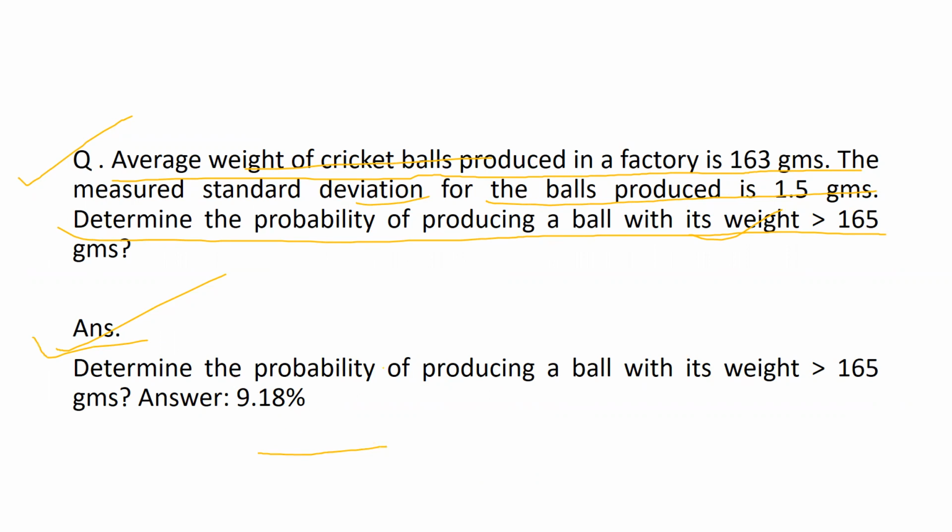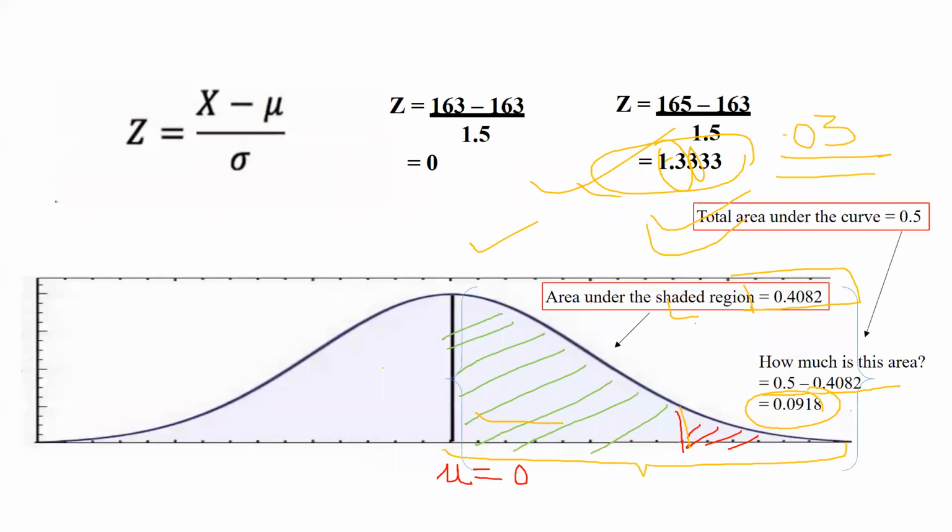How did we reach this conclusion? You have seen all the calculation behind it. We put in this particular formula, and after that we calculated at the mean level: mu 163 minus 163 is 0. After that we calculated for the x value: 165 minus 163 divided by 1.5.